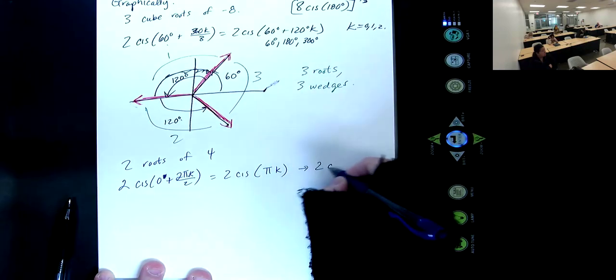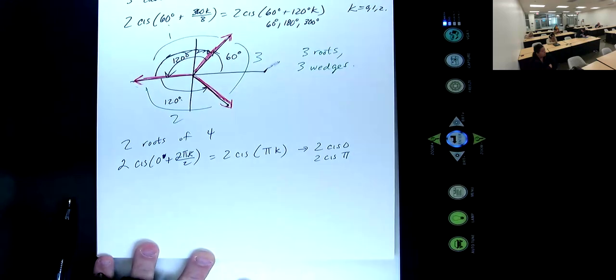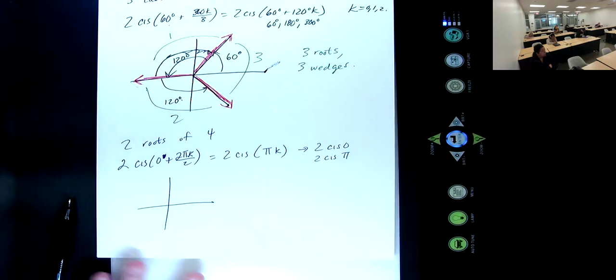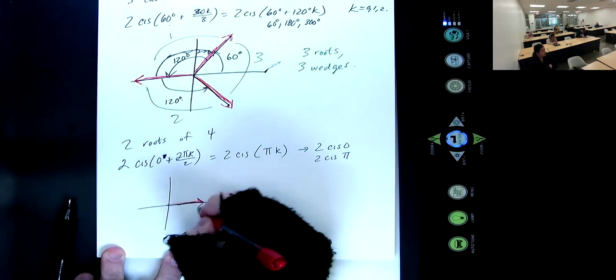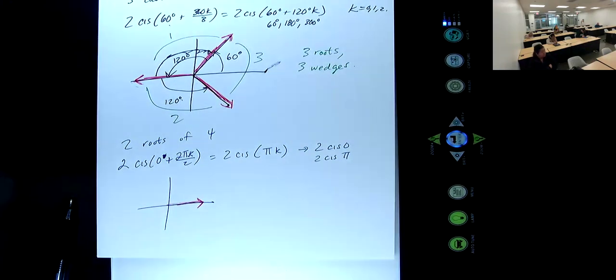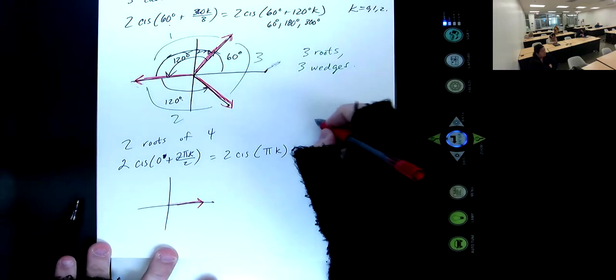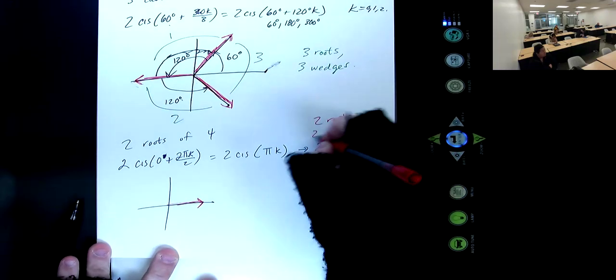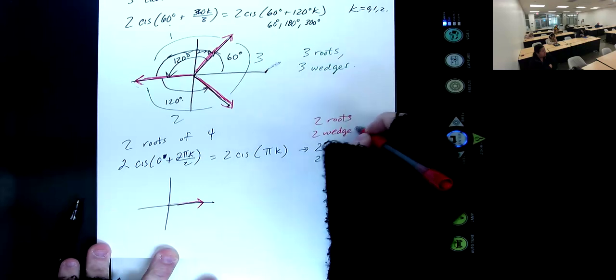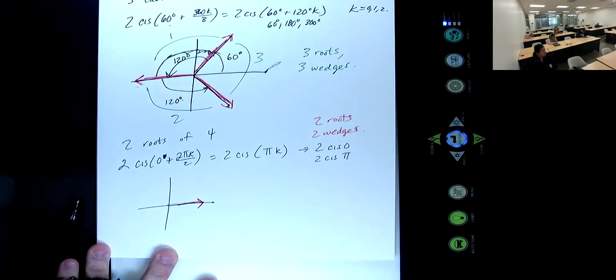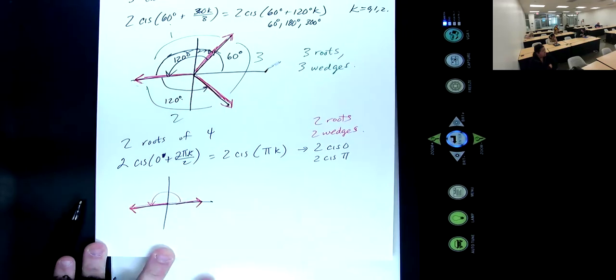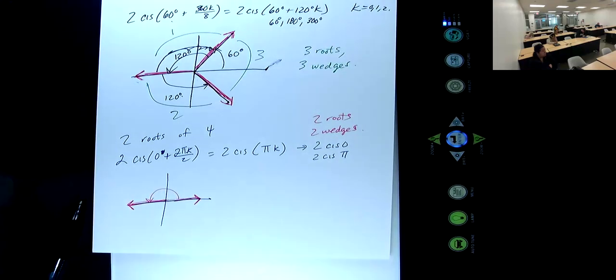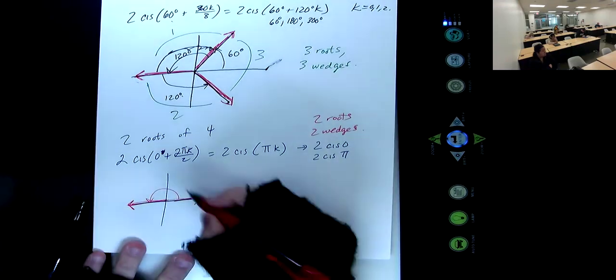So 2 cis 0 and 2 cis pi. We start off with our 0 degrees. I want to break up the 2 pi into wedges. 2 roots, 2 wedges, half of 2 pi each, which means my other one has got to be at pi. This had a radius of 2.